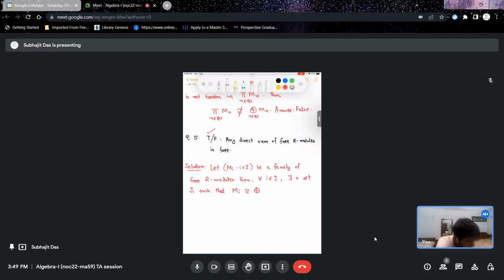So how should I write this? Direct sum over J_i of R, right? Maybe this is the correct notation.